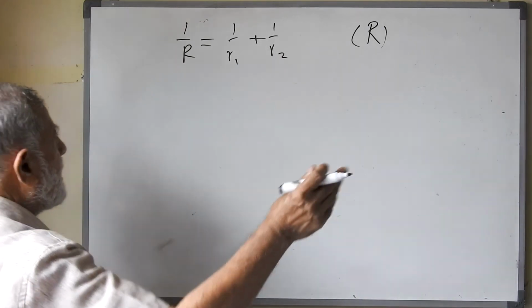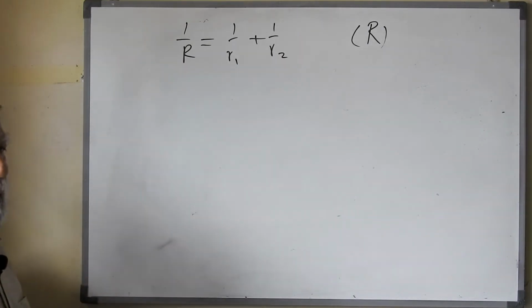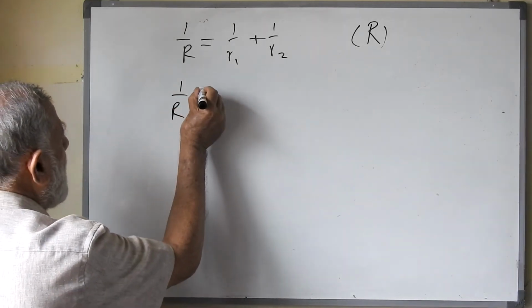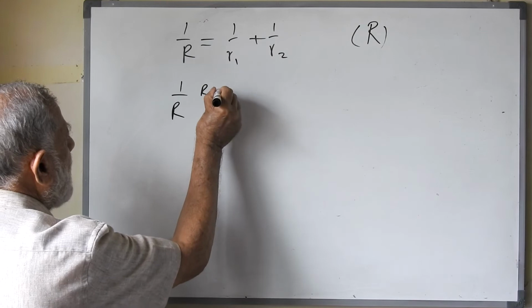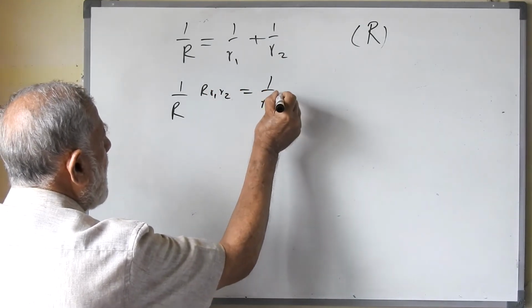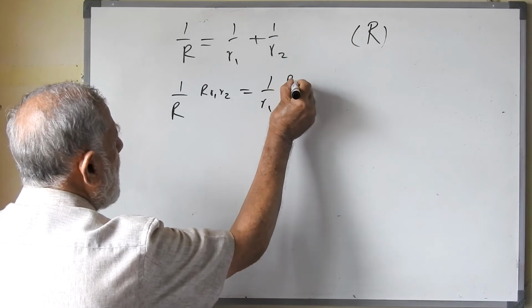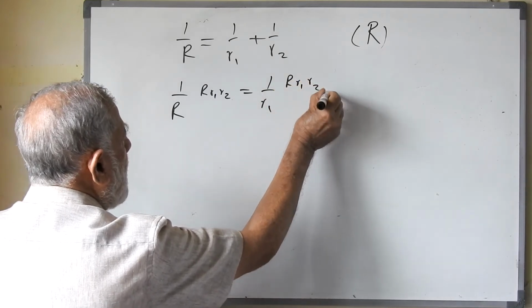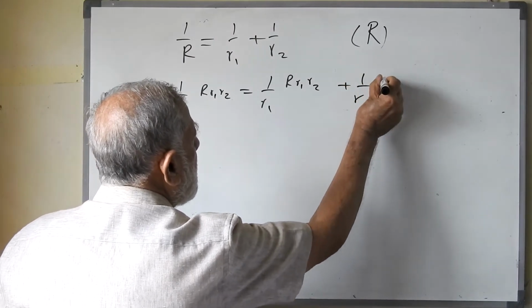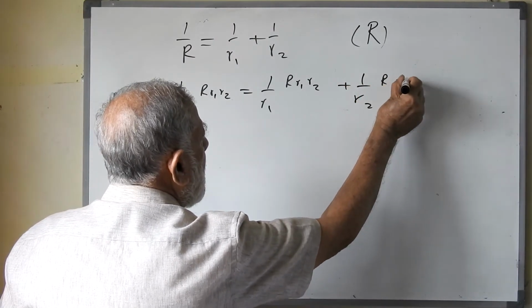So we multiply each and every term by R R1 R2. So 1 upon R into R R1 R2 is equal to 1 upon R1 into R R1 R2 plus 1 upon R2 into R R1 R2.